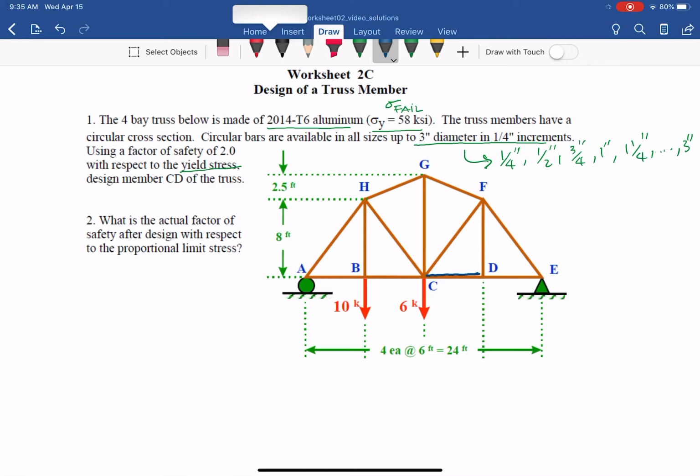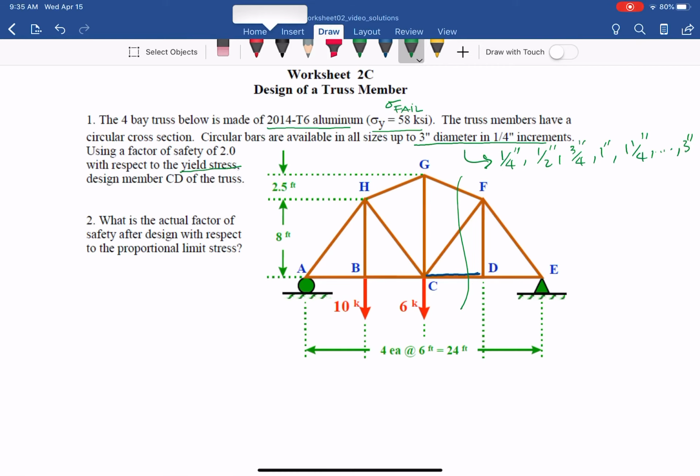As you can see, for that member of interest you need to do the cross section. Go back to worksheet 1B, 1C, where we do the truss in lesson 1, or go back to your engineering mechanics. We do the section cut through the member of interest, and it's better to choose the right segment.